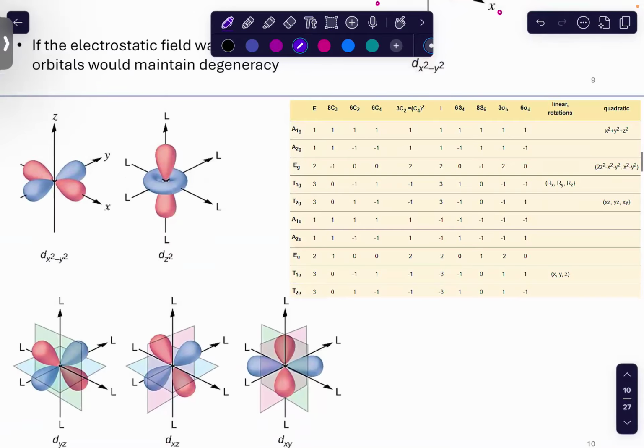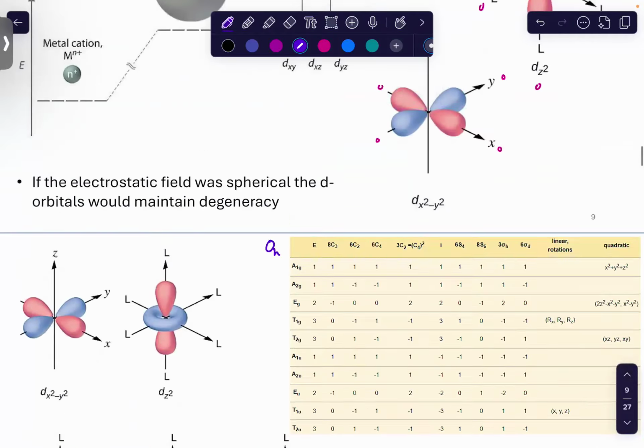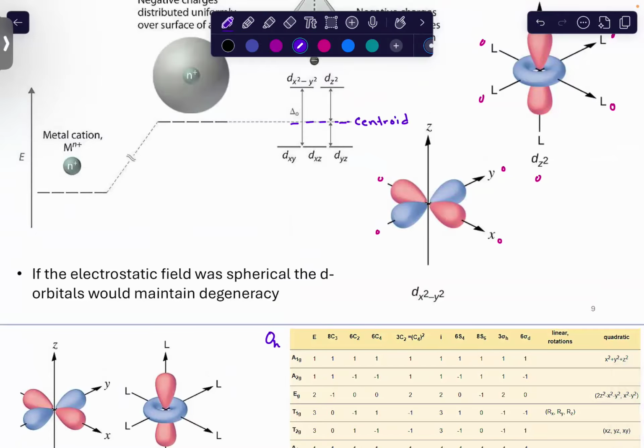Okay, so of course this is our Oh character table. Now what's going to happen is you notice these three at the bottom, dxy, dxz, dyz, and then the two at the top.